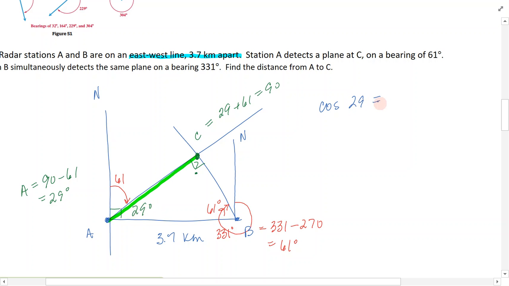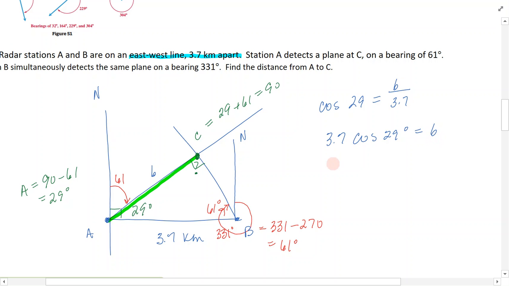That's going to be equal to this little side B divided by the hypotenuse of 3.7 kilometers. And now we can solve this algebra problem here. I would multiply both sides by 3.7. So 3.7 times the cosine of 29 degrees is equal to B.